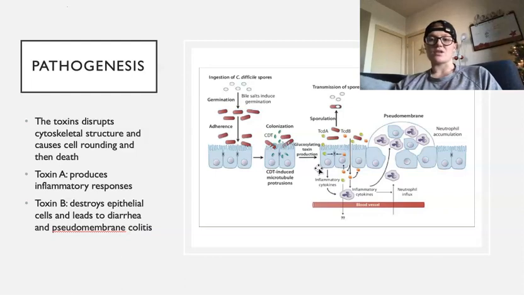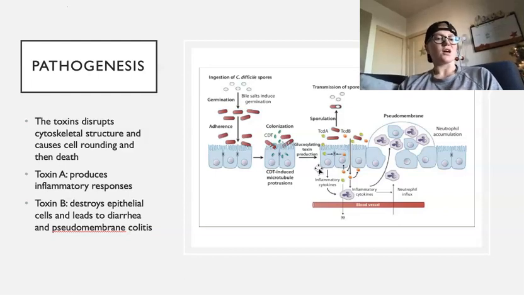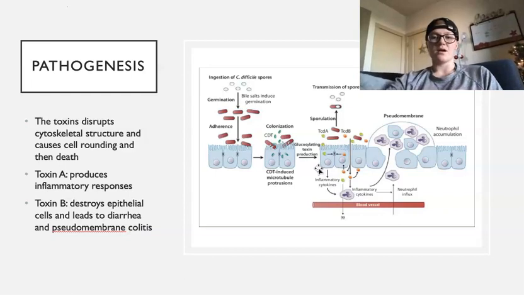These toxins disrupt protein synthesis and produce the symptoms that are related to C. diff. Toxin A produces inflammatory responses and releases neutrophils and mast cells, which are then attracted to the source of infection.